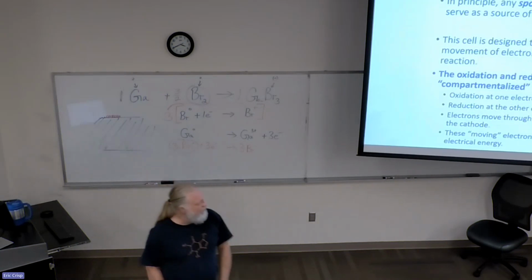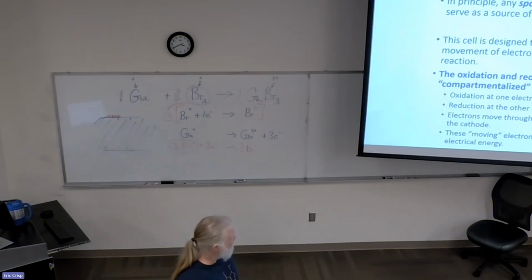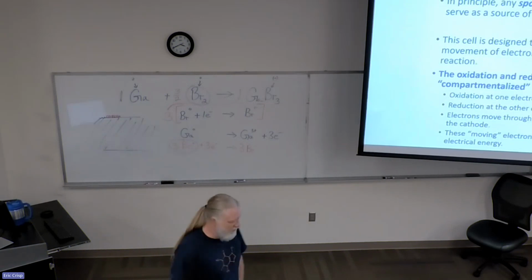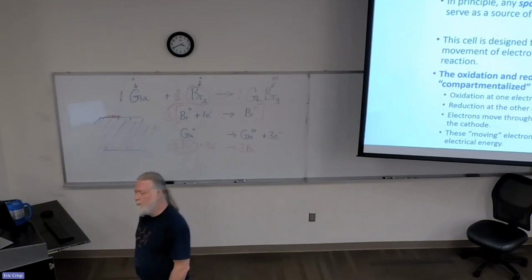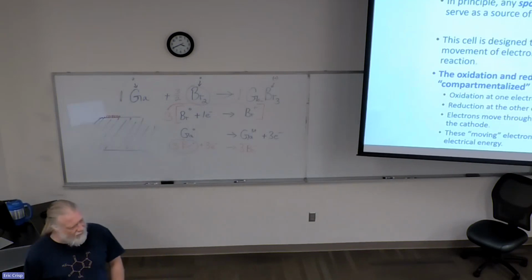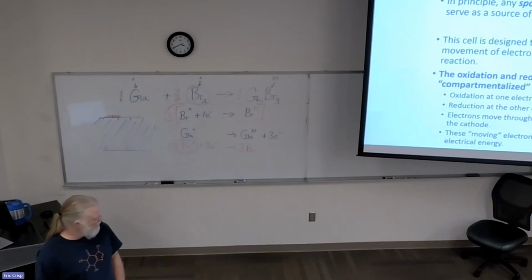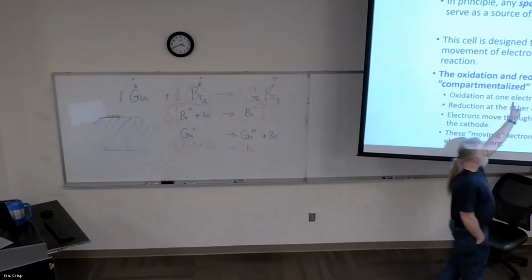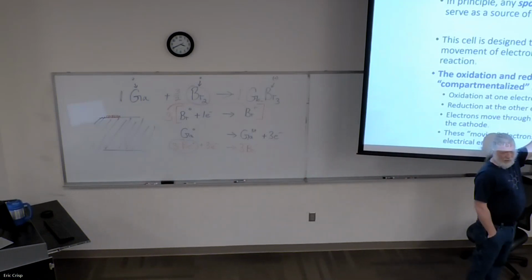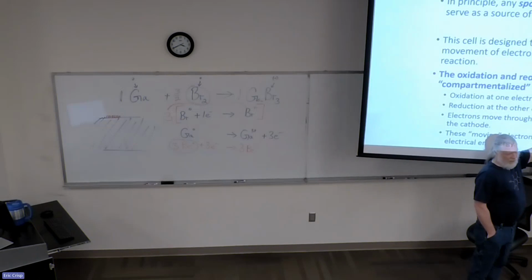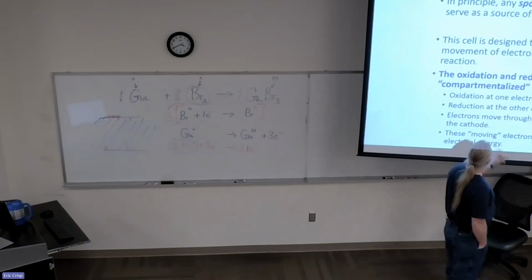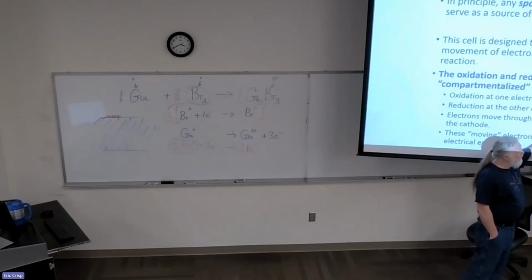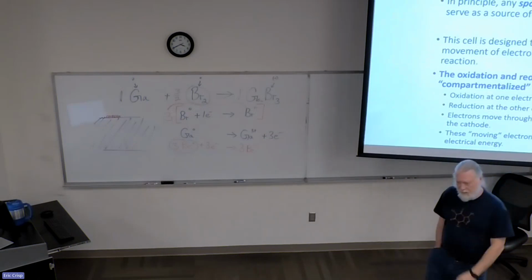I'm going to call this a galvanic cell or voltaic cell, but the idea is that it sets up a spontaneous, negative delta G reaction that is going to move electrons from one electrode, we're going to call it the anode, where oxidation is happening, to another electrode, the cathode, where reduction is happening.